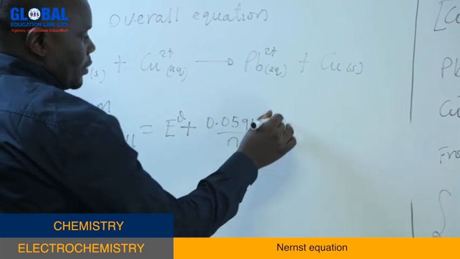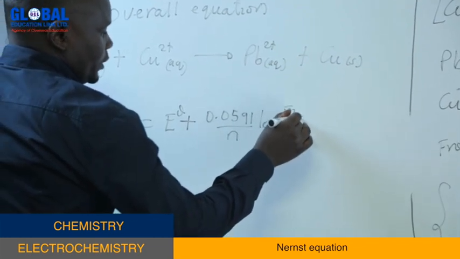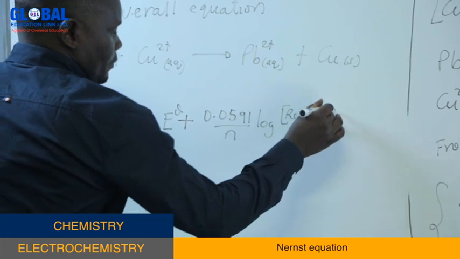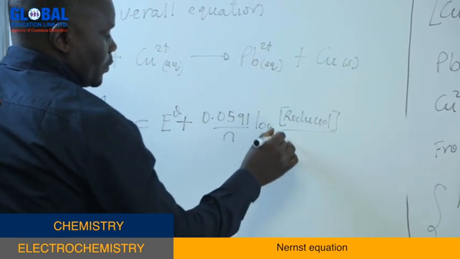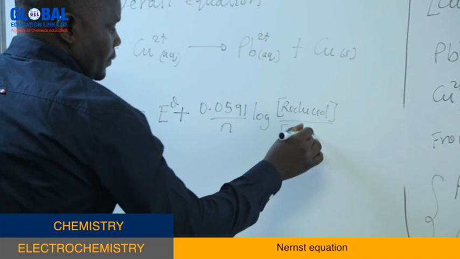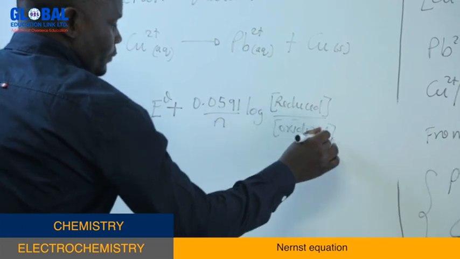And here the reduced species is copper, the oxidized species is lead. So the concentration of copper over the concentration of lead.